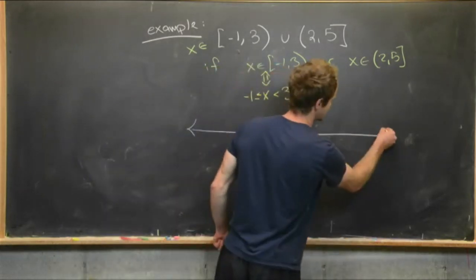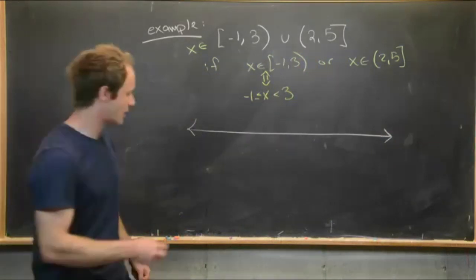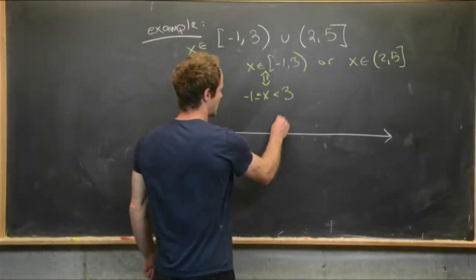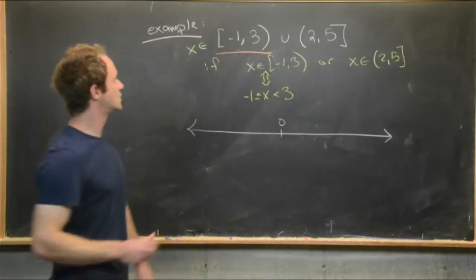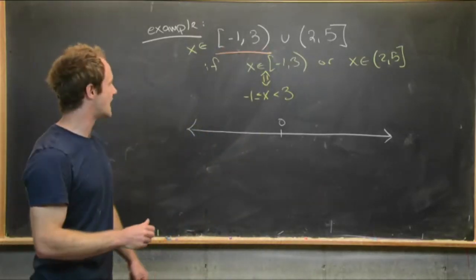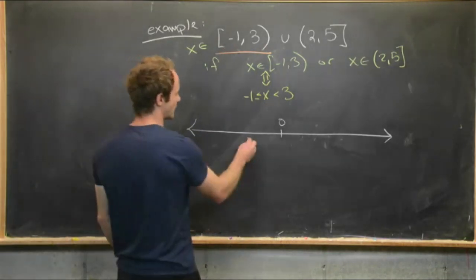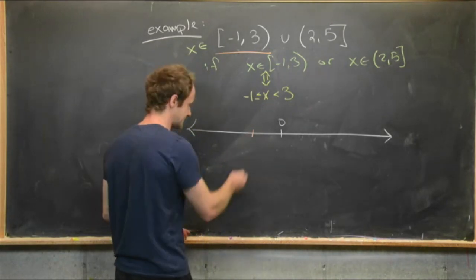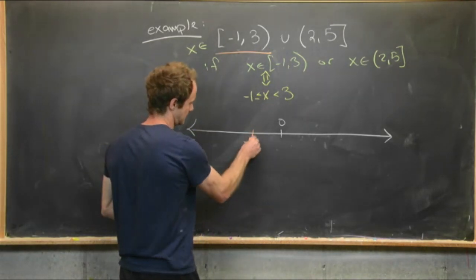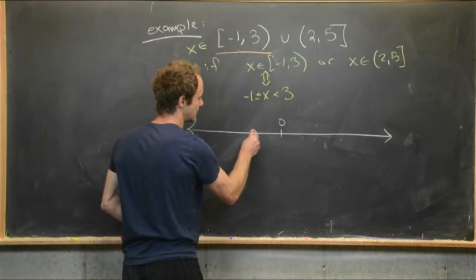The picture is just a number line because we're talking about sets of real numbers. I'll go ahead and put 0 on the number line. Then we'll put the half open interval -1 to 3 in this color. Over here, let's say this is -1, and the fact that we have a bracket there means that we include that.